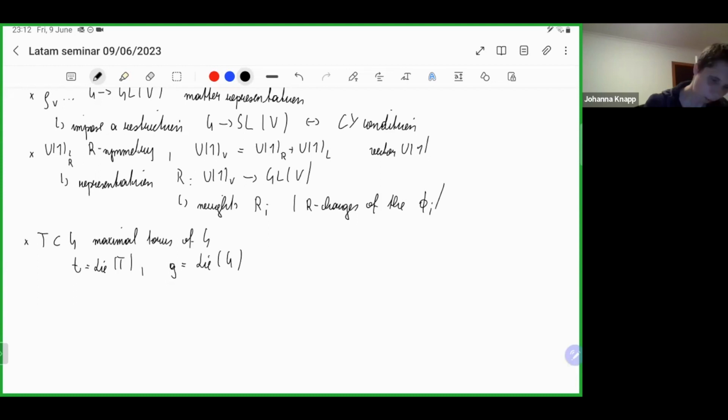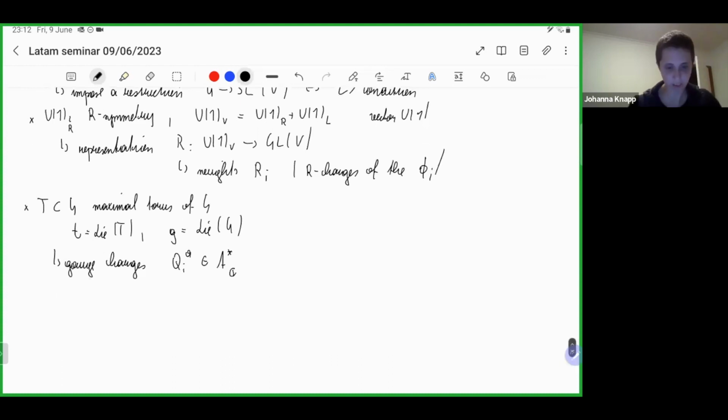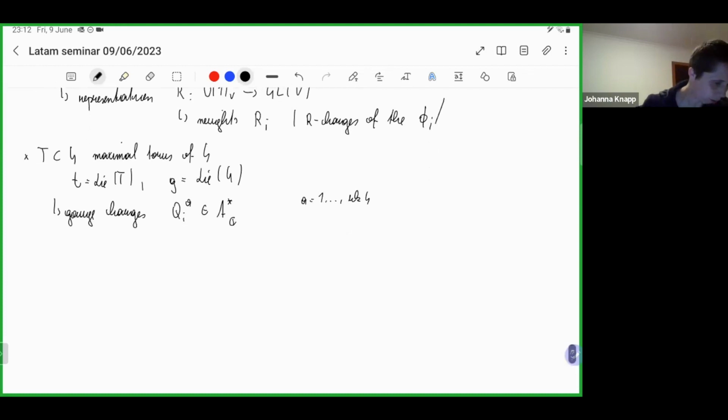And then the gauge charges Q_i^a, they live in the dual of the complexified Lie algebra of this maximally commuting subgroup. So for physicists, these are the gauge charges. This index a here goes from 1 to rank G. So this is the most general thing.